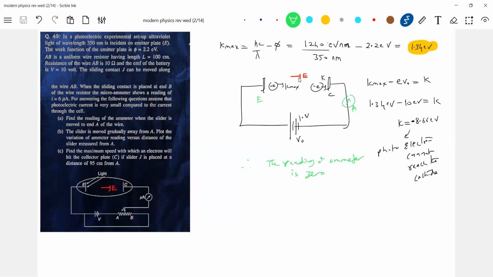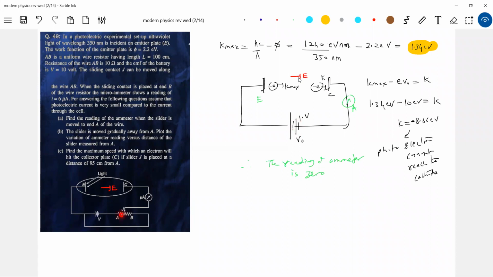When will the electron reach? The first thing is when the electron is capable of reaching here. Even if it just reaches, I think when the potential difference is 1.3 volt, the drop across this is 1.3 volt. The 10 volt, this will be 10 volt.